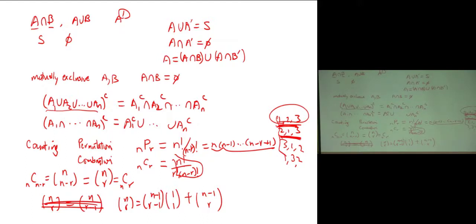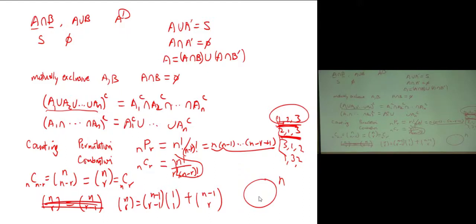All right, but there's another situation. This particular object is not included, not chosen. So if it's not chosen, then where do I get these R objects? It will be from the remaining ones. So the scenario is this: I have these n objects. I choose R objects out of it.